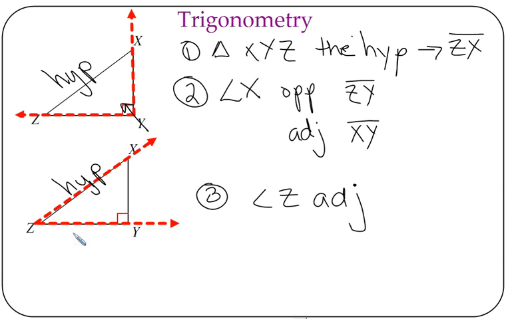Don't have to worry about this one. Adjacent, they have to share the same endpoint. So here is my vertex, which has the endpoint for my angle, and that must mean this side here, ZY, must be adjacent.